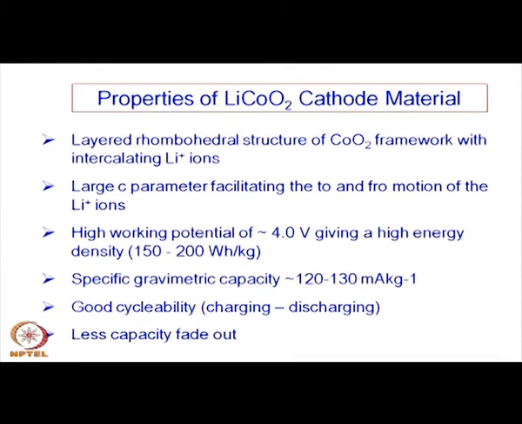It has a large c parameter facilitating to-and-fro motion of the lithium ions, which is also a structural feature pictorially shown in an earlier slide. And it has a high working potential, which we have also mentioned, about 4 volts, giving a high energy density of 150 to 200 kilowatt hour per kg.